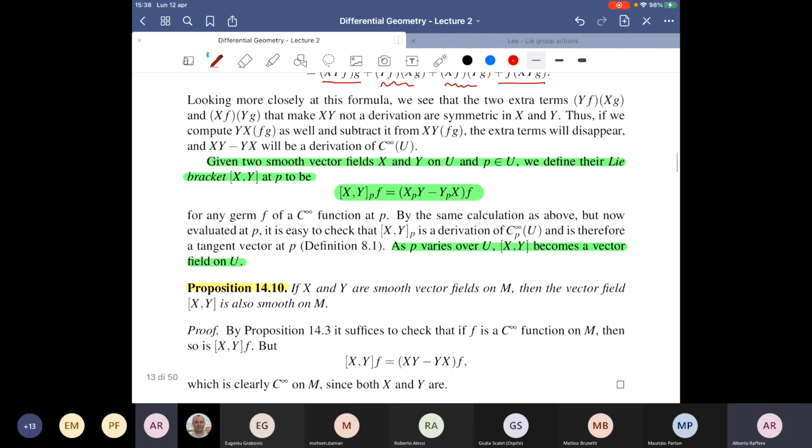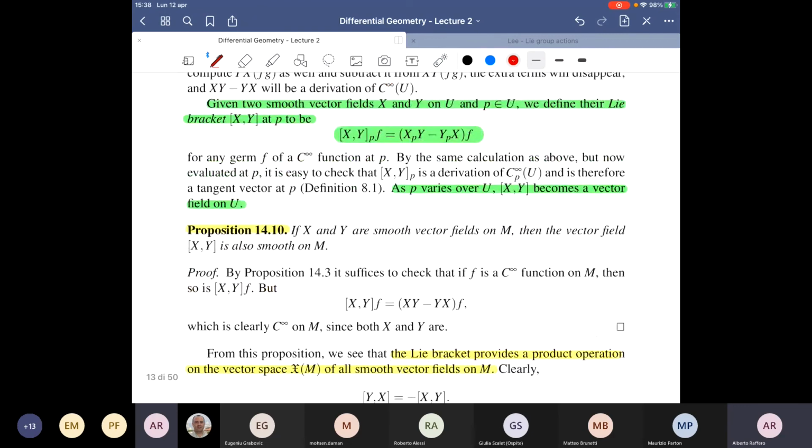For the moment we started with X and Y vector fields on U, and we obtained this bracket, which is, let's say, a vector field on U, but we do not know if it is smooth.